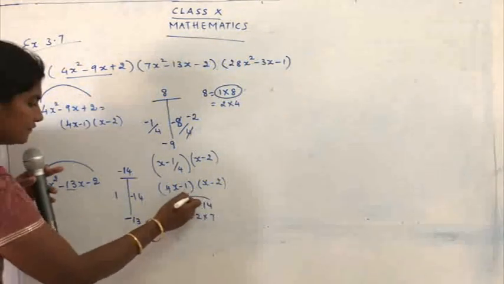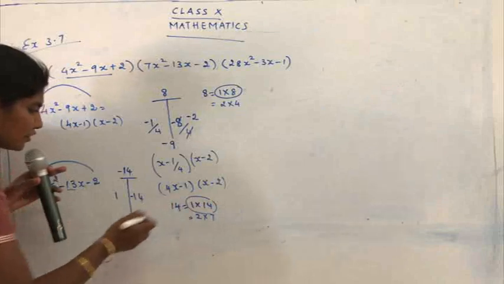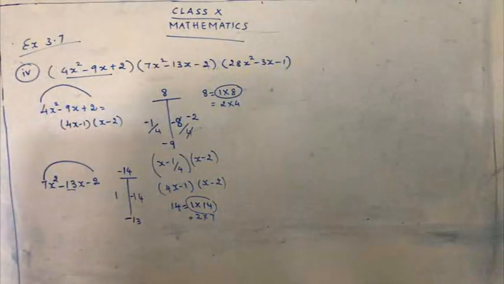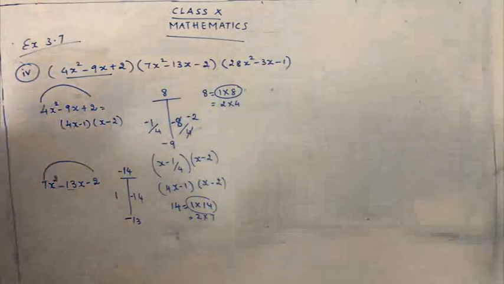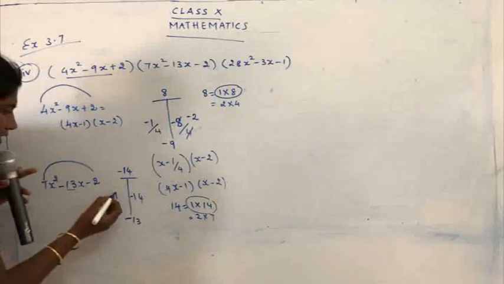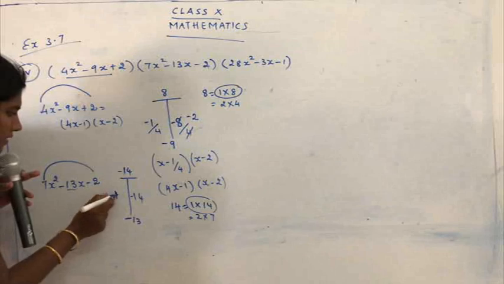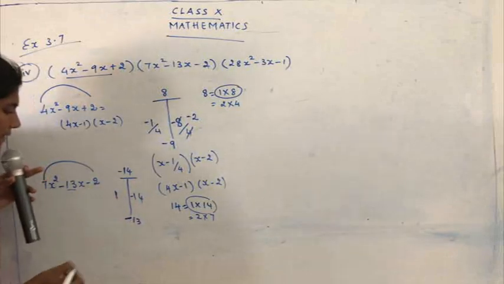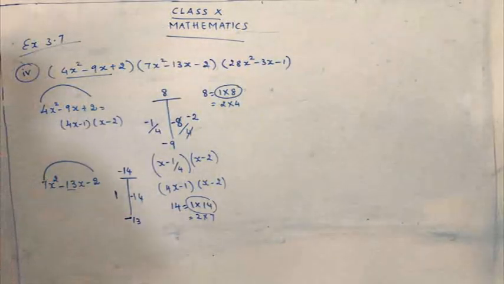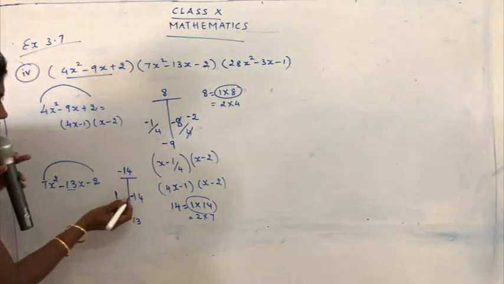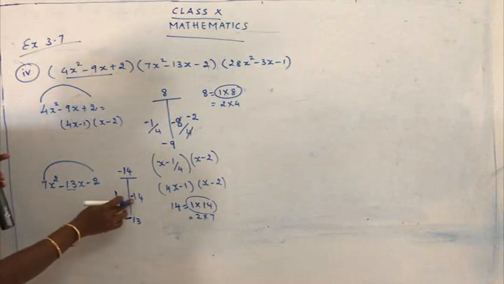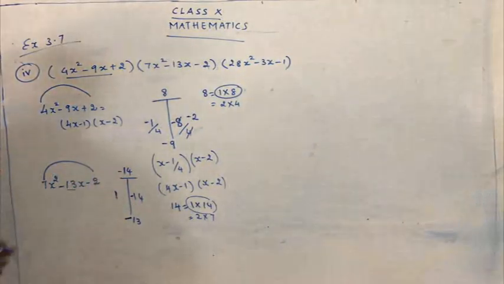I am just choosing the first combination because from the first combination I get the product as 14 and the sum as 13. Only thing is we have to insert the signs over there. For the sum part, the answer is minus 13. So the bigger number should contain a minus sign. So 1 minus 14 gives you minus 13, and 1 into minus 14 is minus 14.